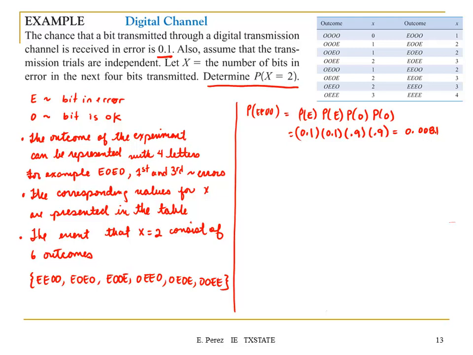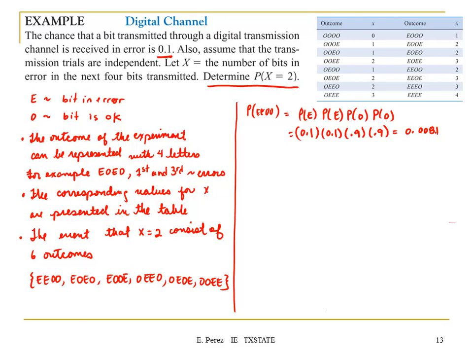Correct. Why is that? Because you have 6 of them, right? And you know that each outcome will have the same probability. So it's the same as saying you're going to sum 0.0081 plus 0.0081 plus 0.0081 for each one of the outcomes in which X equals 2. But since you know that there are 6, you can just multiply this times 6.